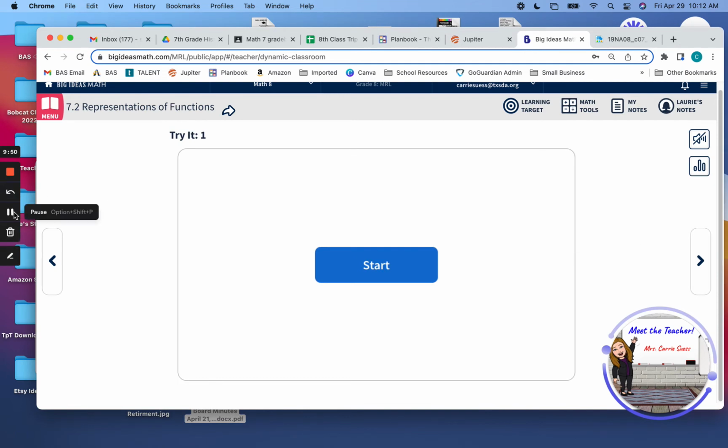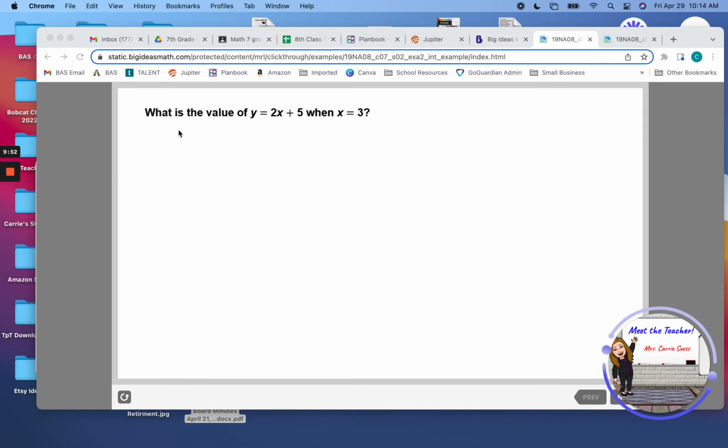All right, go do your try it. What is the output value of y equals 2x plus 5 when x equals 3? The x equaling 3. Is x the input or the output? Input. So where would I put this 3 in this equation? Where the x is.